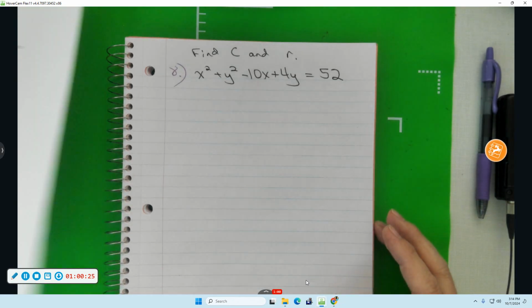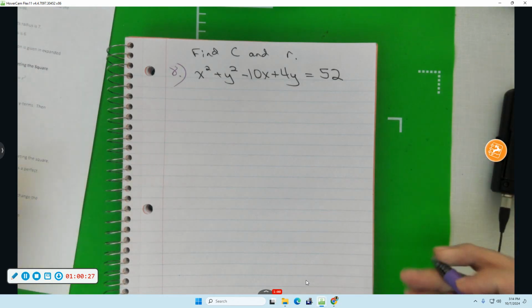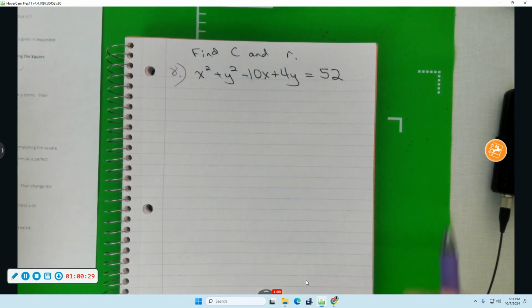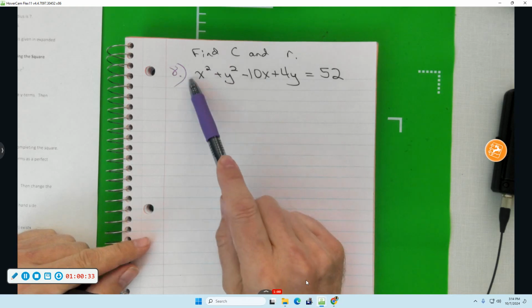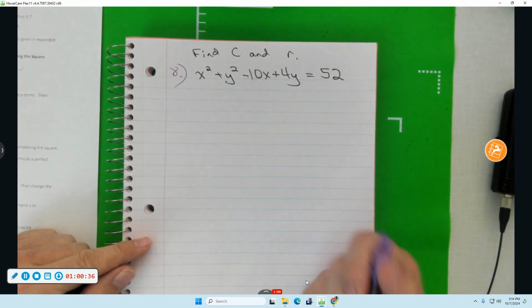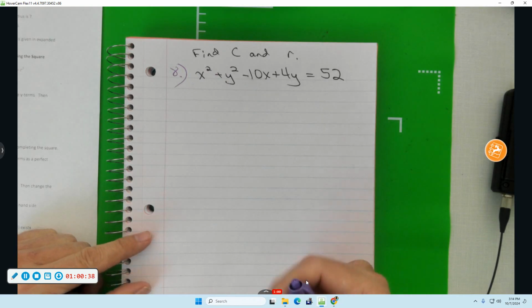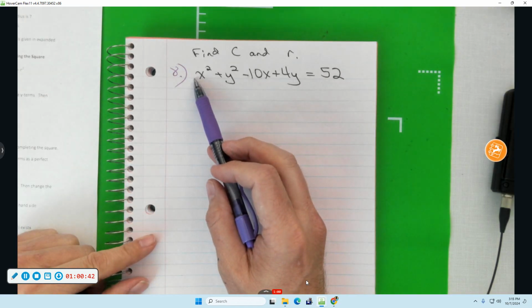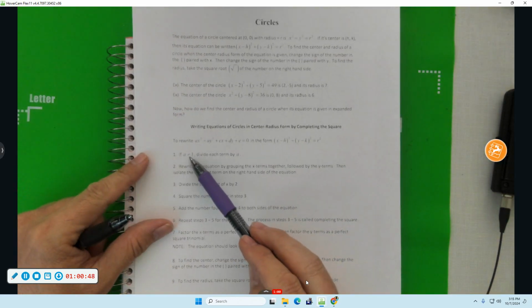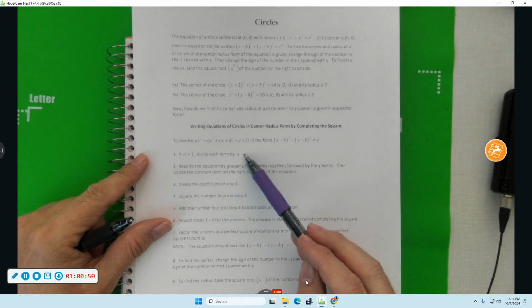Following that little recipe on that handout, what's my A value? What's the leading coefficient? Realize x squared and y squared have to have the same coefficients. I don't see a number there in front of x squared. What do we assume it is? A 1. So that first step, if a doesn't equal 1, divide each term by a.